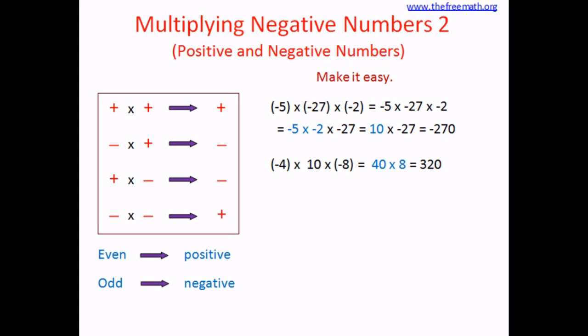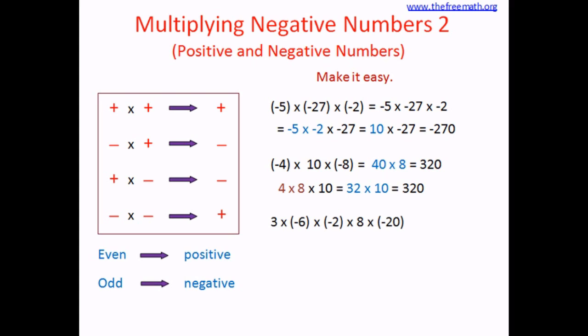Or you could have multiplied this in another order like this. 4 8s are 32. 32 multiplied by 10. 32 10s are 320. You can multiply in any order you like. We know that the product is going to take positive sign because we have two negative numbers in the problem.